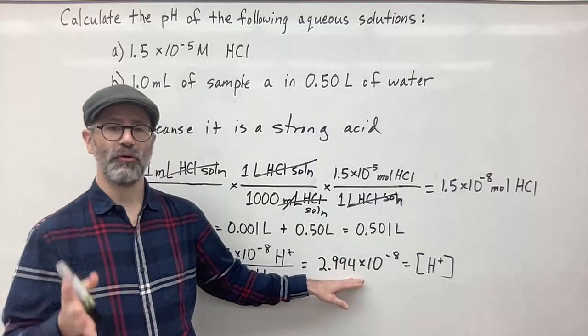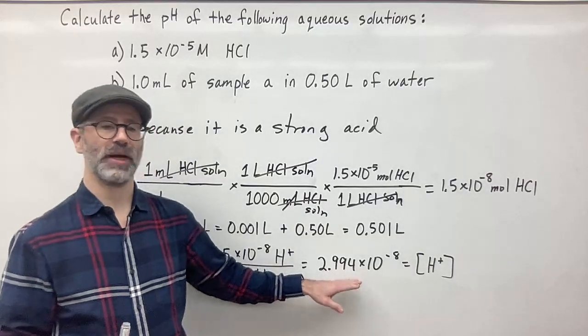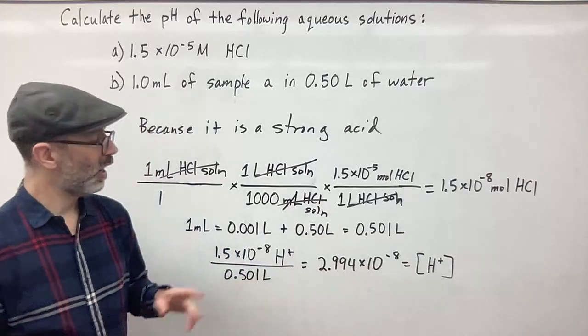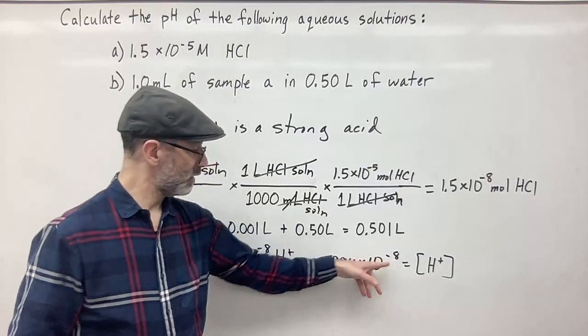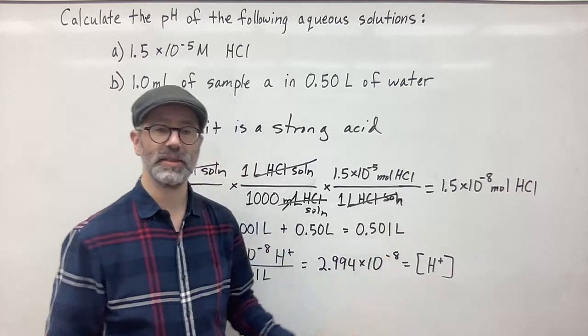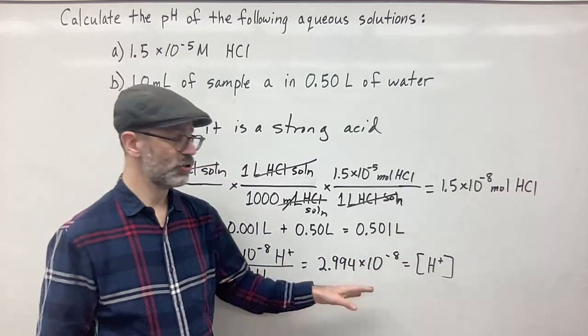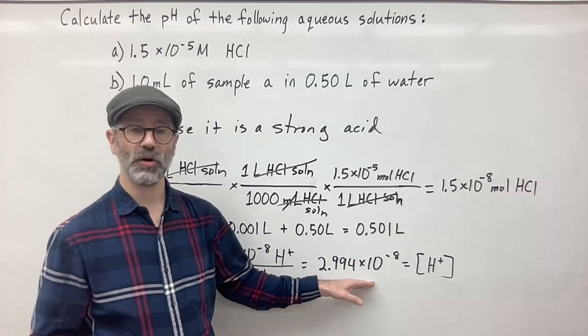Okay, now before you start calculating pH, we ought to notice something here. Notice that this negative 8, the concentration of H plus, is very close to that which is in water already.